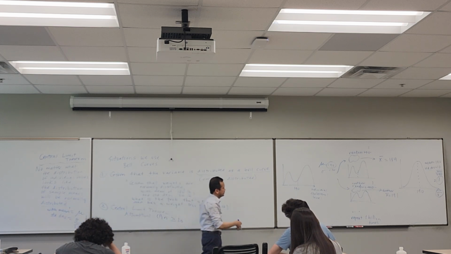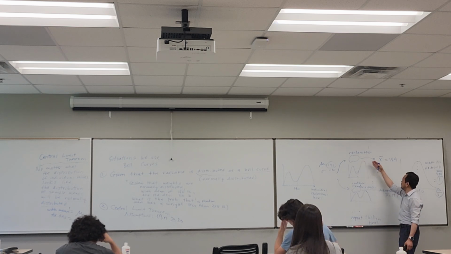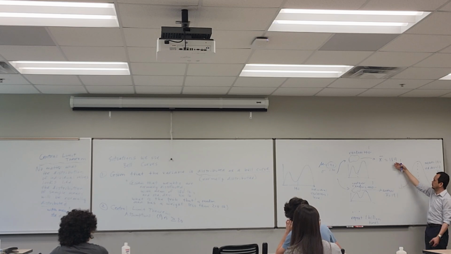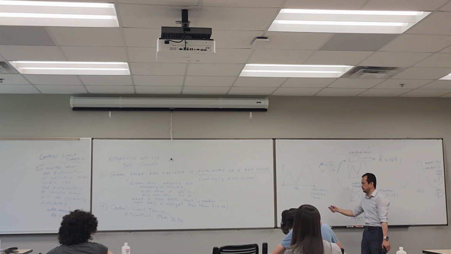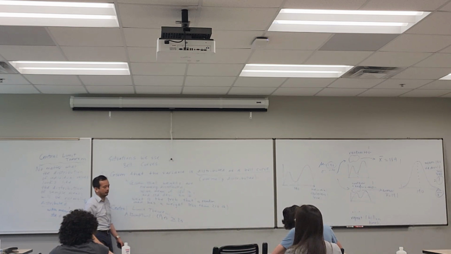If each of these samples is 30, then if you take the mean, you can rely on each of these sample means to cluster around the mean, and then the final distribution will end up being a bell curve. So that's if the original sample size is large, at least 30.